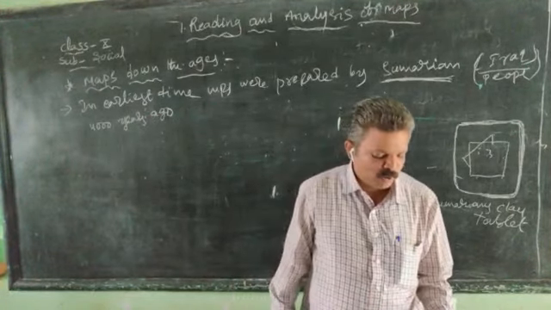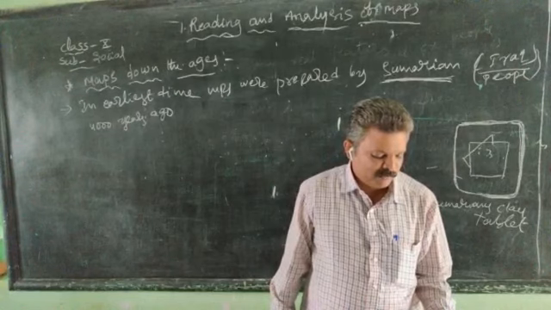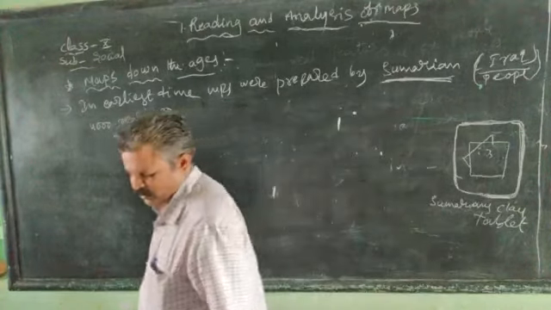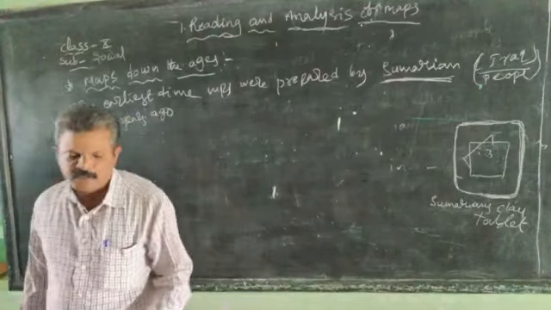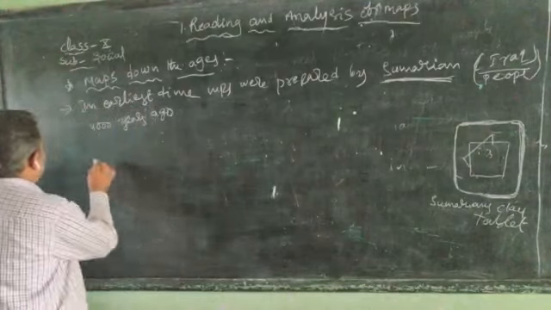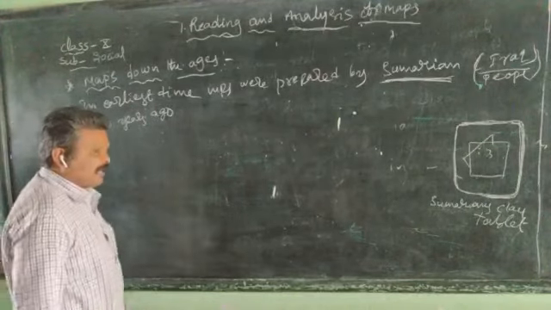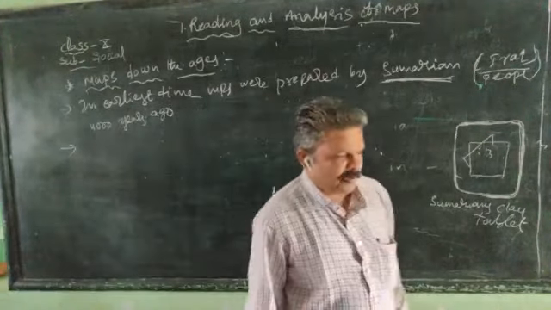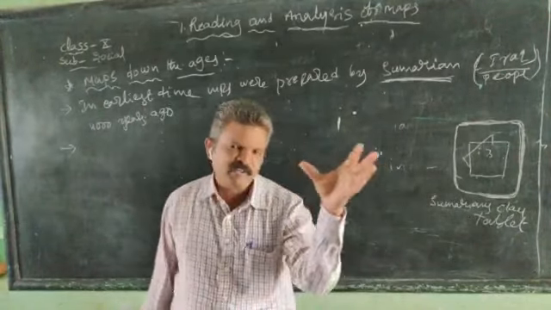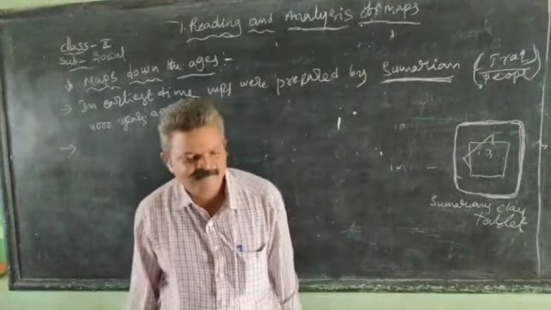The Sumerian temples owned large tracts of land and they had to keep an account of income from the land. That's why they tried to keep records of the lands with the help of maps. Previously in sixth and seventh class we learned about land use and the advantages of maps.